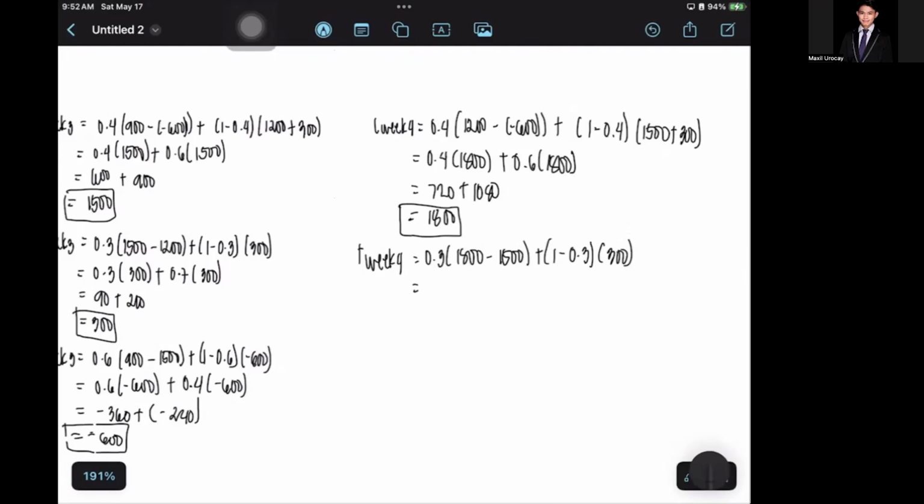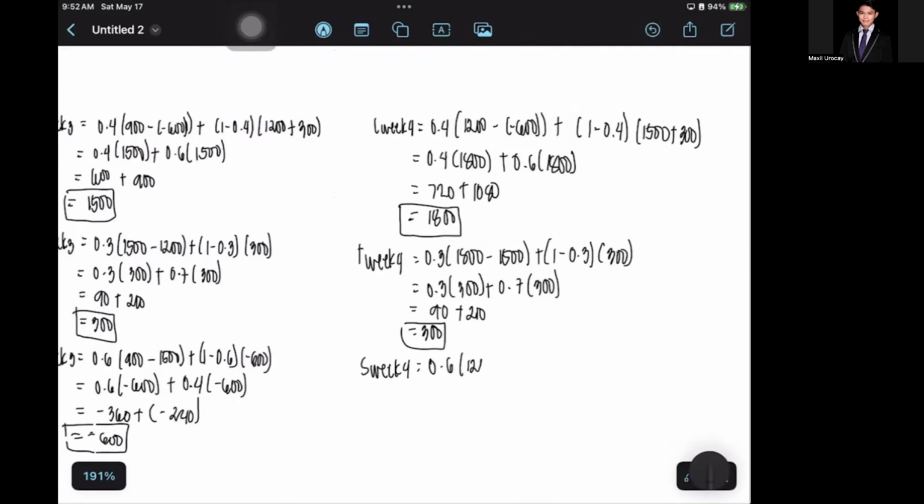So what will happen? 0.3 times 1,800 minus 1,500 plus 0.7 times 300. So it will still equate to 90, then plus 210, and it's still 300.